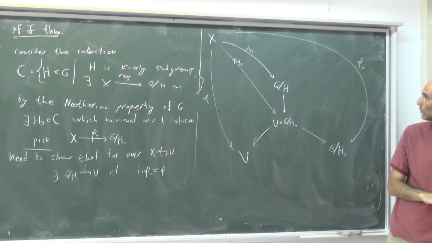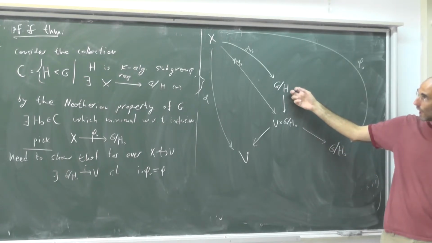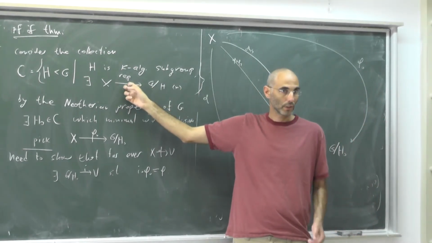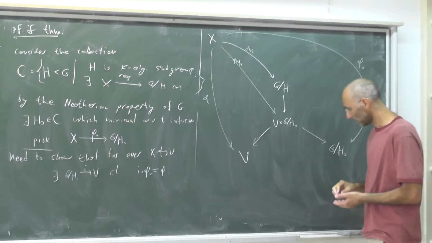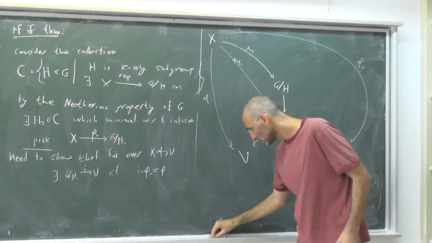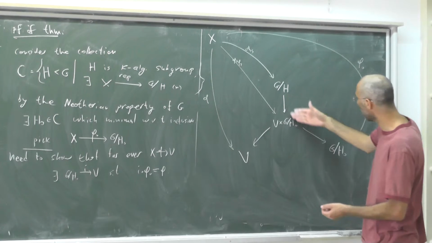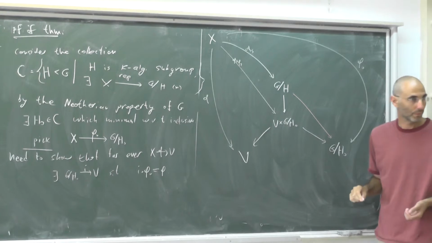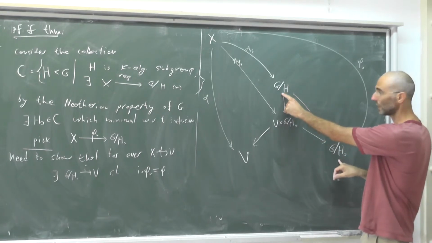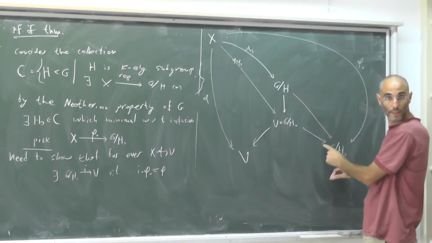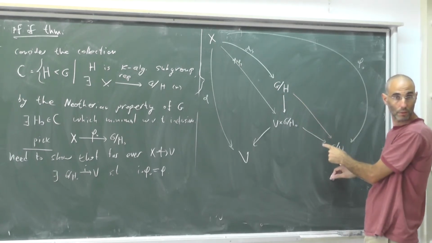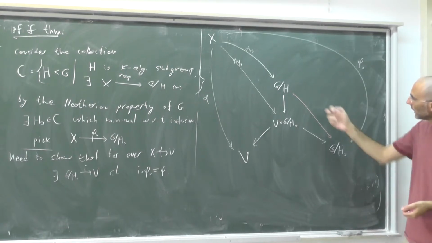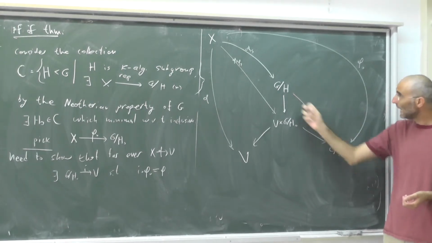And of course, this H now, just by the existence of this green map, becomes an element of C. But now, look, composing these two, I'm having this map over here. So these two representations of X are related by this morphism. This is a G map.